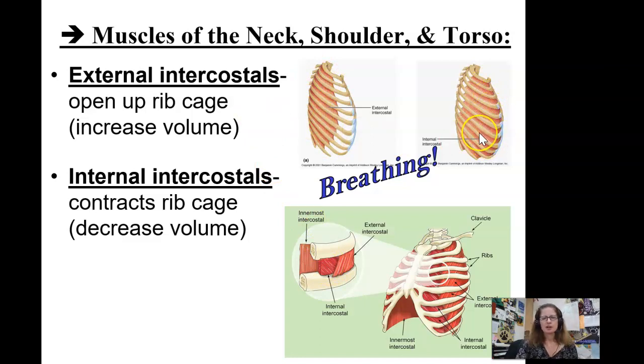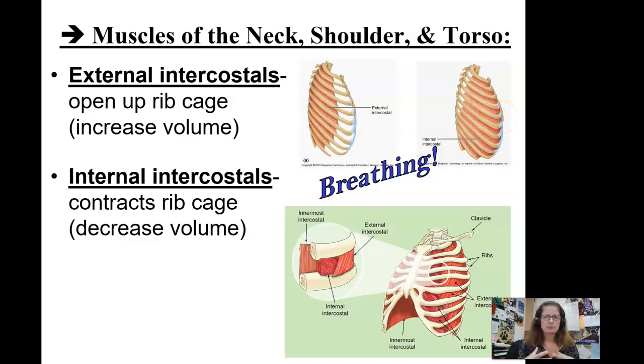Ultimately, I would not ask you to identify exactly on a diagram which is external and which is internal intercostals, but I do want you to be able to associate these muscles with breathing, because it's going to be important in our respiratory system unit. When the ones in the back contract, that's going to pull the rib cage open, and when the ones in the front contract, that's going to close the rib cage back down.